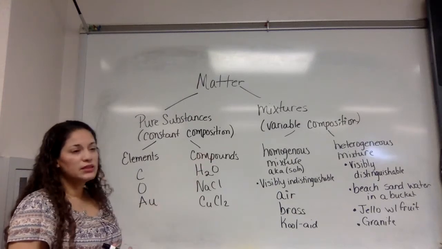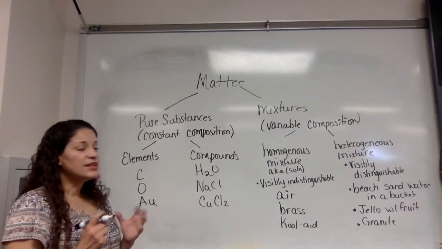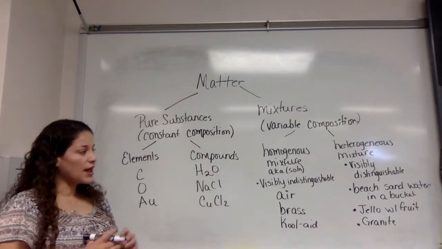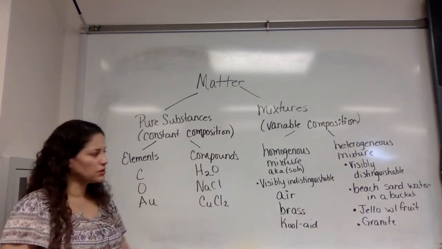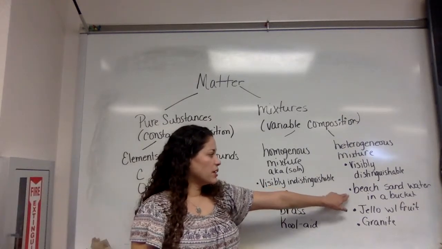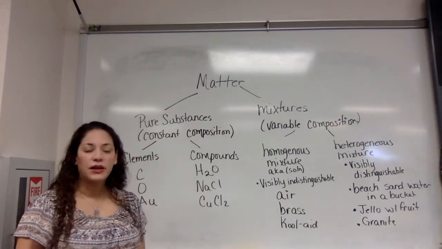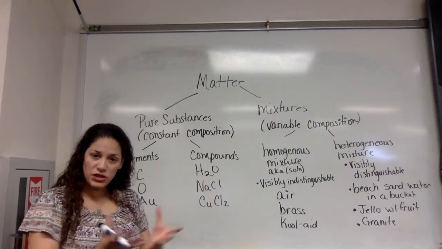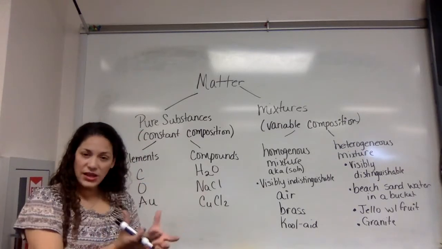Now, when we start looking at these mixtures, there's different ways to separate them, and a lot of them are through physical means. And if I separate things through a physical means, that means I am retaining the item. I'm just putting them into like little piles. One of the easiest ones to think about is this beach sand water in a bucket. I could very easily get a filtration system and throw that beach water and sand through this funnel.